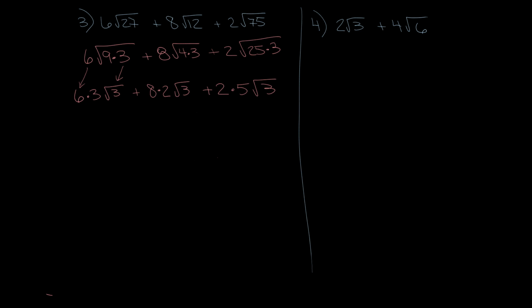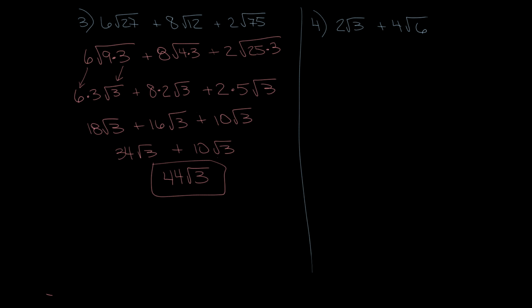So let's simplify this. So 6 times 3 is 18. 8 times 2 is 16. 2 times 5 is 10. So 18 plus 16 is 34 square root of 3, and then plus 10 square root of 3. So 34 plus 10 is 44 square root of 3, and that is your answer.